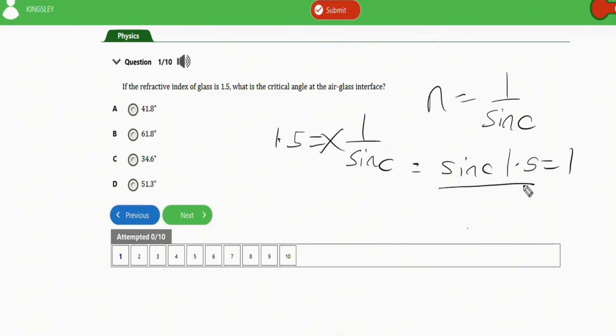Firstly, you divide both sides by 1.5. So you're now left with sine C equals 1 over 1.5.